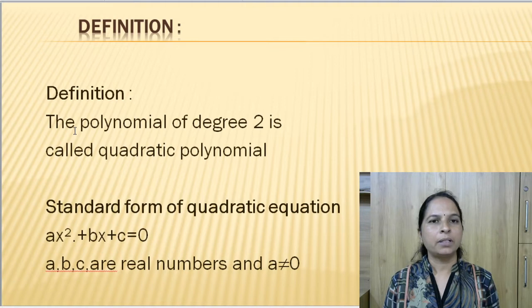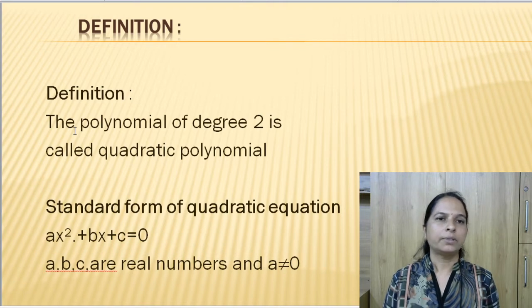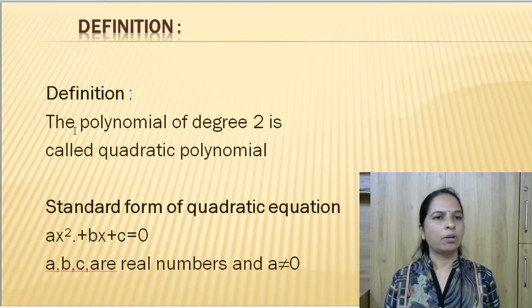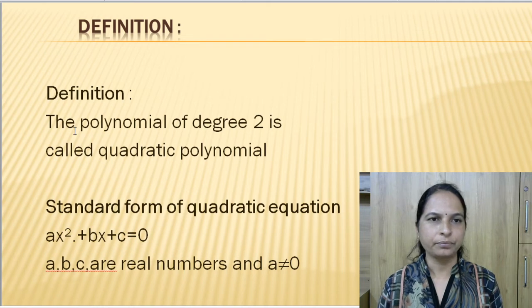The difference between the linear polynomial and the quadratic polynomial is that the degree of the variable is 2 in the quadratic polynomial, and the degree of the variable is 1 in the linear polynomial. We also discussed the linear polynomial in the first lesson.